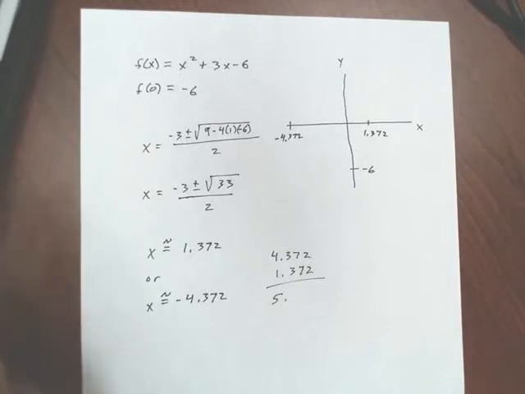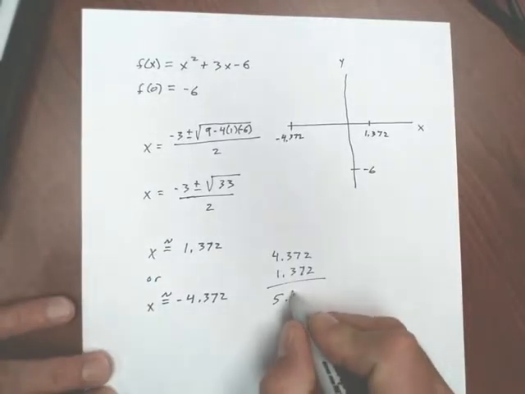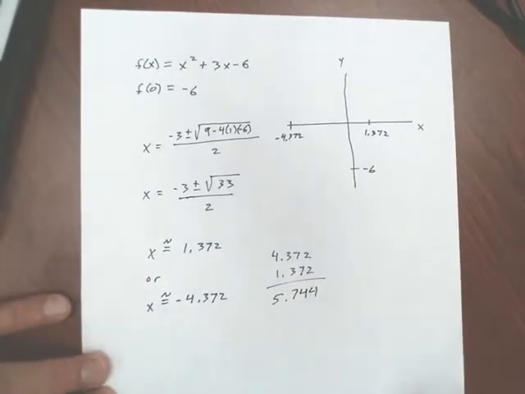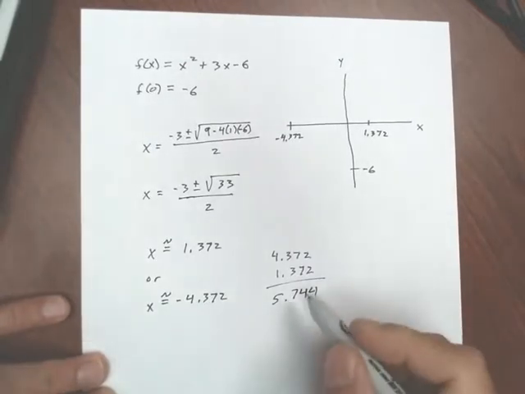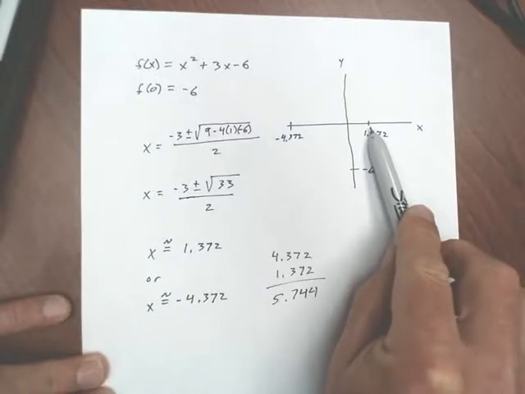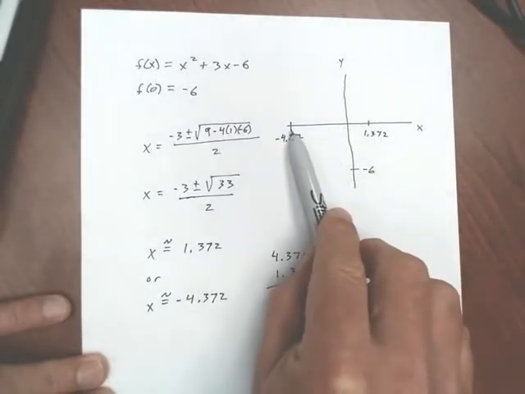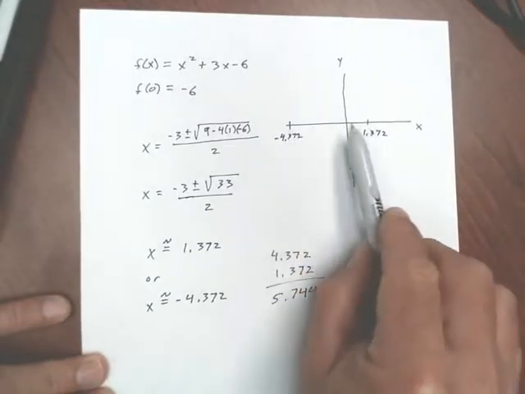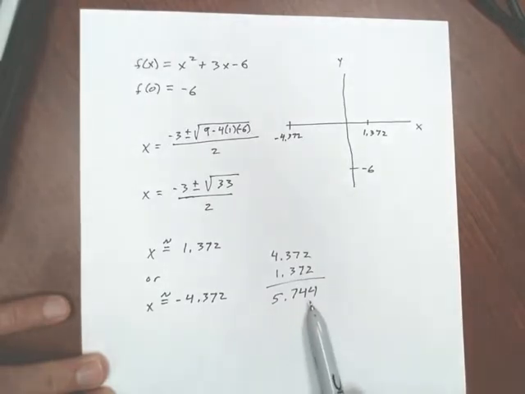That would be 4.372 plus 1.372. There you go. That is 5.744. So that is the total distance from this x-intercept to that x-intercept. That's the total distance, 5.744 units.